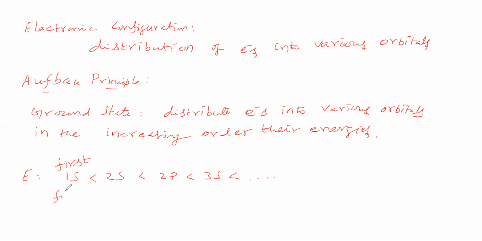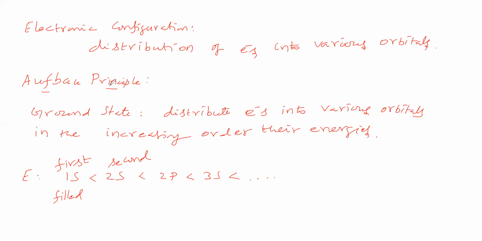After 1s is filled, the electron should go to 2s. After 2s is filled, the electron should go to 2p. In this order you have to fill the electrons. That's what the Aufbau principle says.